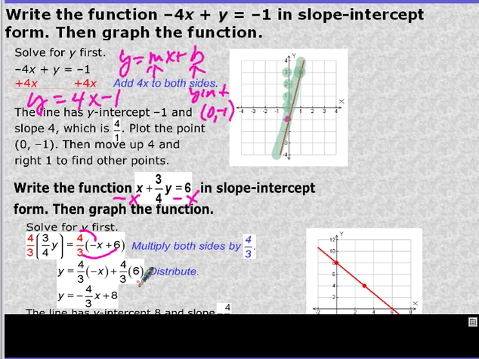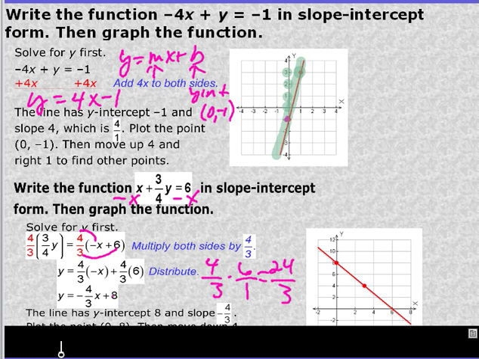4/3 times 6, remember it's going to be 4/3 times 6 over 1. Multiply across your tops and bottoms. 24 over 3. 24 divided by 3 just gives us an 8. So we end up with negative 4/3 x plus 8. This is our y-intercept, so it's 0, 8. Plot that point. And then we have a negative 4/3 slope.